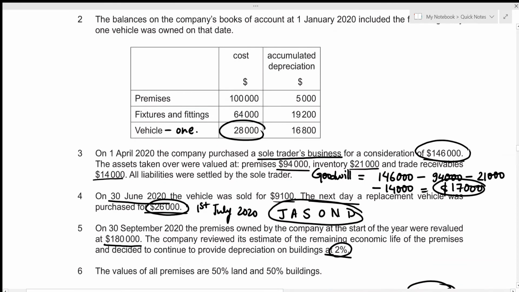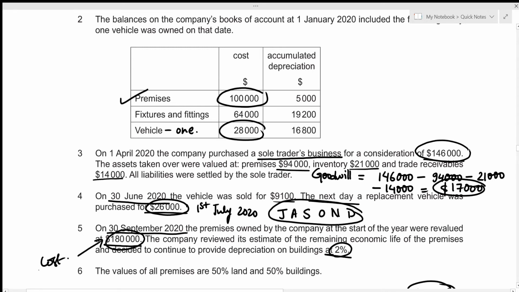So we know that we had premises, right? But we also know that the premises were revalued on 30 September 2020 to the value of 180,000. So we can see that there has been a revaluation upward since previously the cost was 100,000 and it is being revalued at 180,000. And whenever we're talking about a revalued amount, this amount actually relates to the cost.